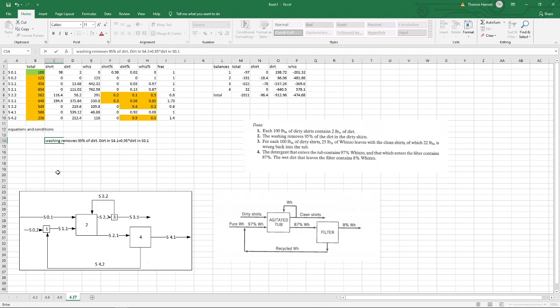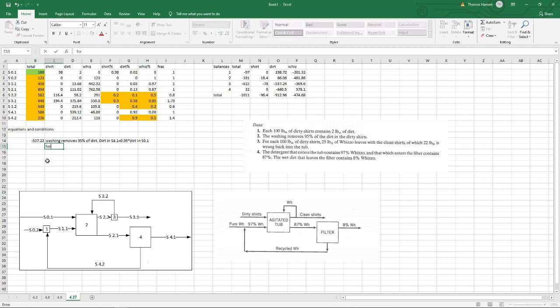The 95% of the dirt in the shirts have to exit. So how do we do this as an equation? Well, we just say we have 95% of the dirt in stream 0.1 up here. If I subtract the amount of dirt in 4.1 from 95% of the dirt in 0.1, that should give me 0 if this condition is fulfilled. So that's one piece of information we're given.